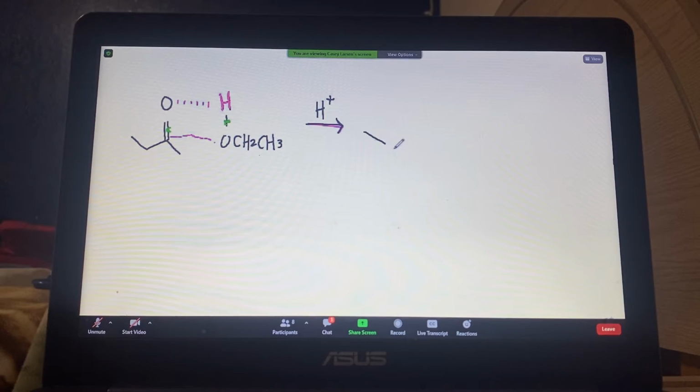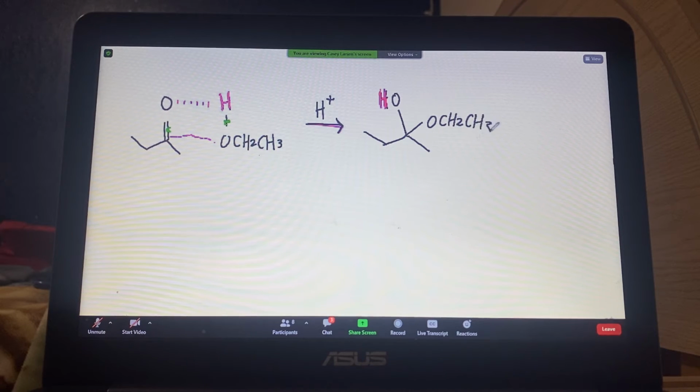Now it's just trying to draw it correctly, right? So I'm going to say OH, and this H that's here, that's the pink H from the alcohol. And then what am I missing here? Yeah, I have this OCH2CH3, bis.